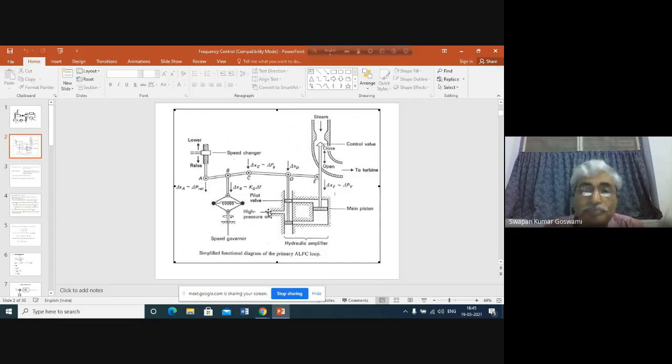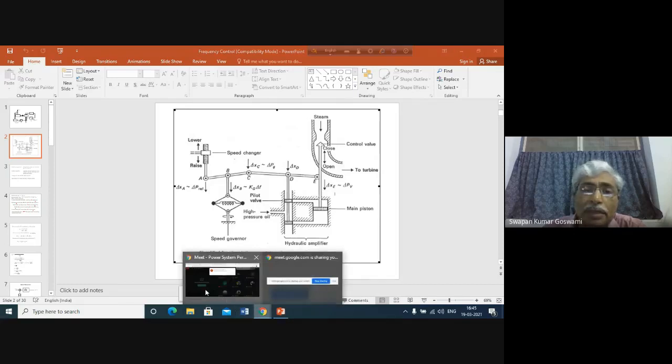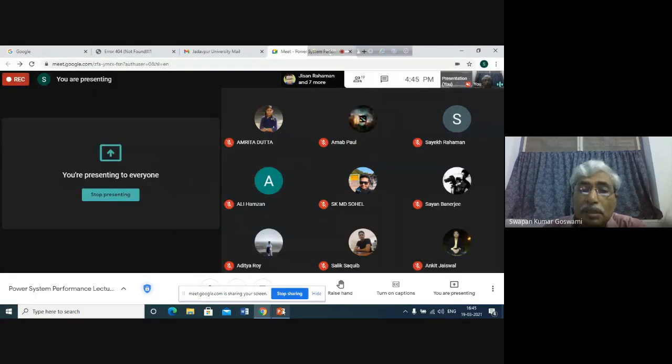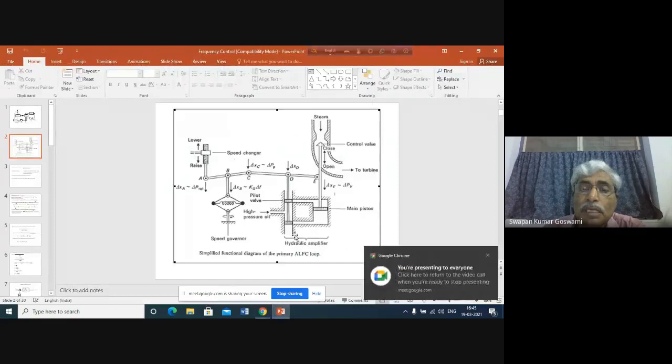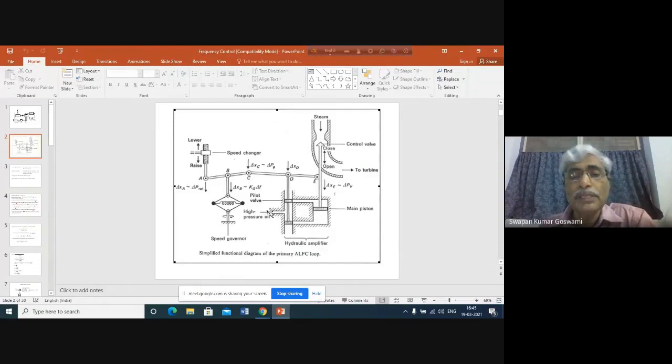It does not move, and it cannot move also because this opening is closed. Oil inside this chamber cannot go out. At the same time, oil in this cylinder here also cannot go out because this is being kept at high pressure by the high pressure oil pump.